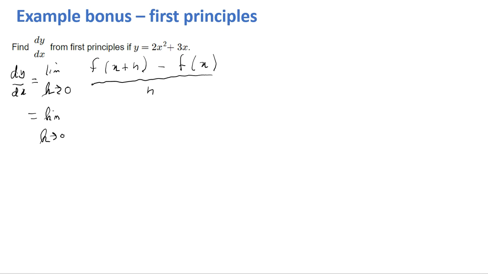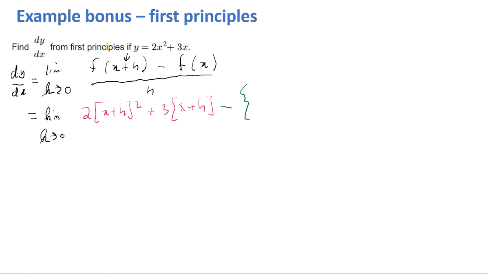Now we're going to apply this at the point x plus h, my bad. Okay, so we're going to get 2(x plus h) squared plus 3(x plus h). Okay, that was the first part. Second part is minus.